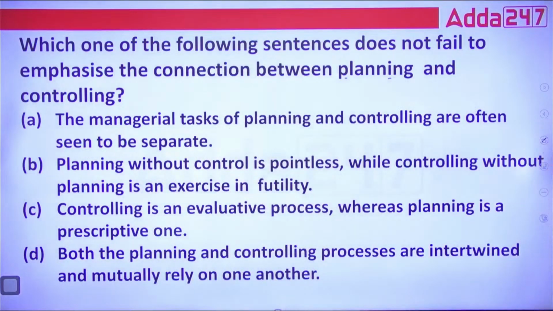A says the managerial tasks of planning and controlling are often seen to be separate. B, planning without control is pointless, while controlling without planning is an exercise in futility. C, controlling is an evaluative process, whereas planning is a prescriptive one. D, both the planning and controlling processes are intertwined and mutually rely on one another.